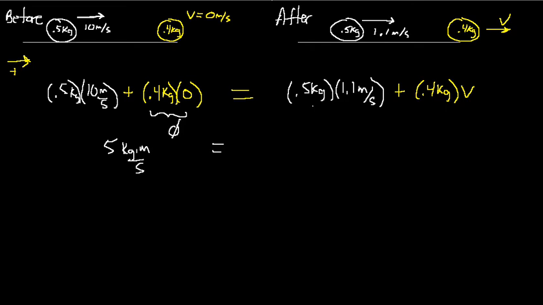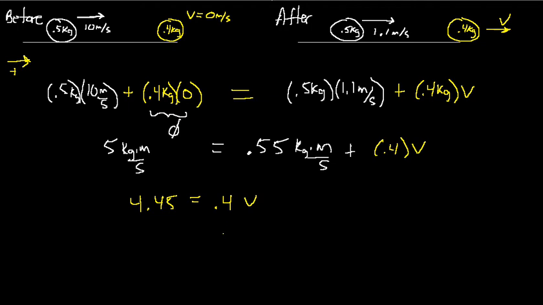So that's going to equal this here, which is 0.55 kilogram meters per second plus, in yellow, 0.4 V. So we subtract this off of here, and we get 4.45 equal to 0.4 V. Then divide both sides by 0.4.